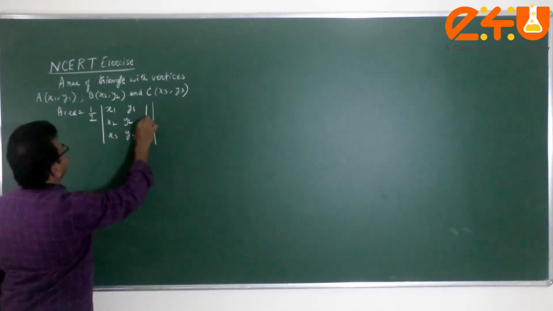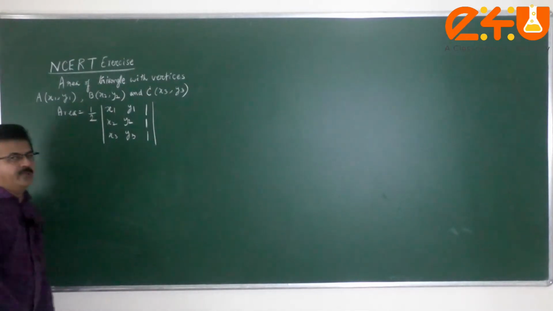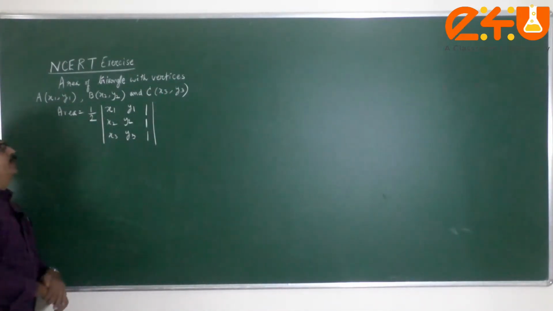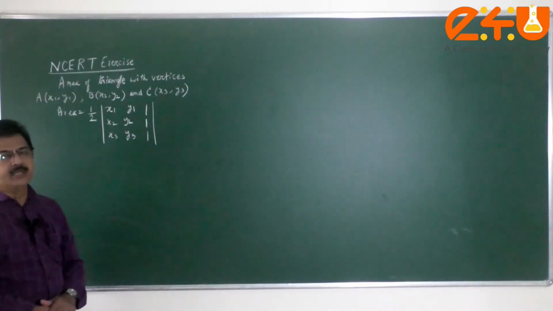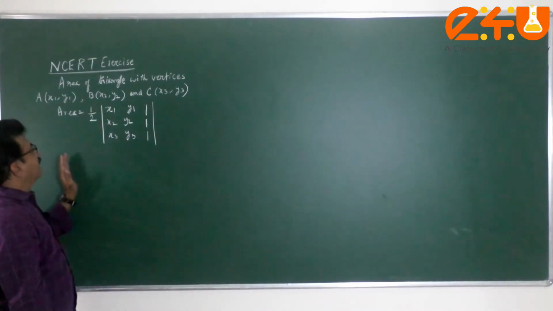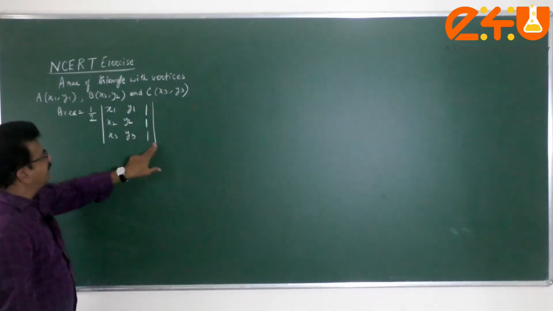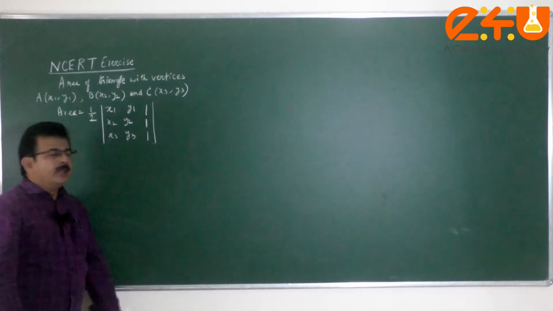So we need to write the column 3 and fill it with ones. This is exactly the same formula which students learnt in class 10, half of x1 times (y2 minus y3) and so on. So this is the determinant way of writing it.